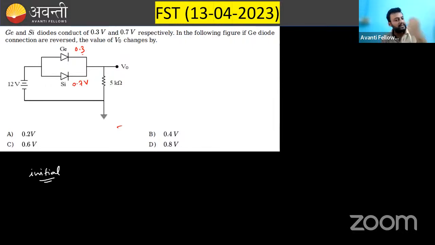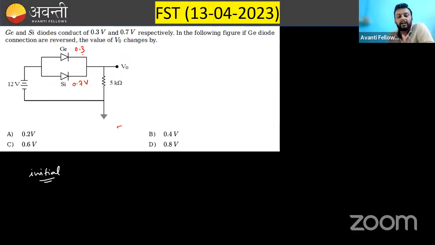And as soon as the germanium starts conducting, listen to my words, don't get confused. As soon as the germanium starts conducting, it becomes a closed switch. And when it becomes a closed switch, all of the current will pass through this germanium diode and no current will pass through the silicon diode, and it will remain unbiased.